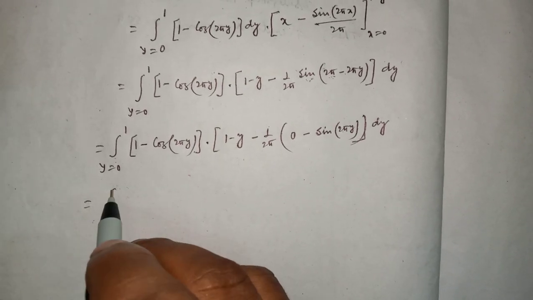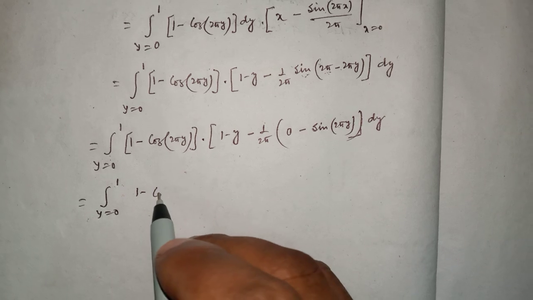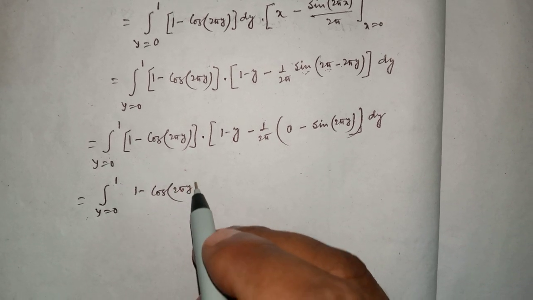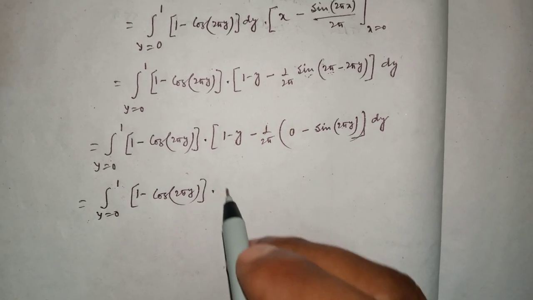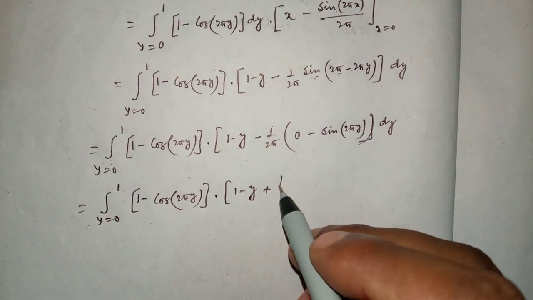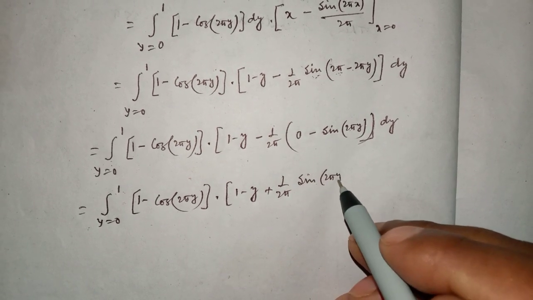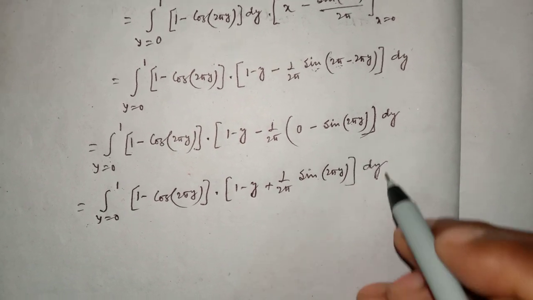This equals integration y from 0 to 1 of (1 minus cos 2πy) into (1 minus y plus 1 by 2π sin 2πy) dy.